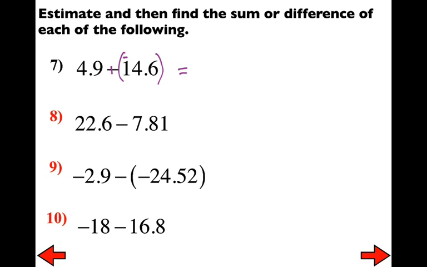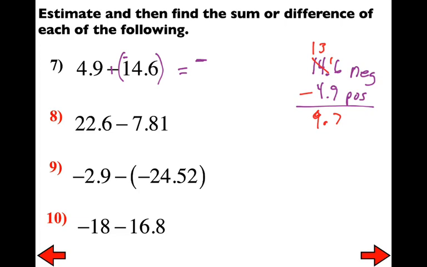We compare our positives and negatives. Clearly, we have more negatives than we do positives because we have 14.6 negatives and only 4.9 positives. So we're trying to figure out how many more negatives than positives. We're going to have to do a little bit of borrowing here.